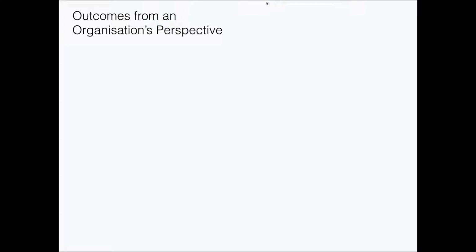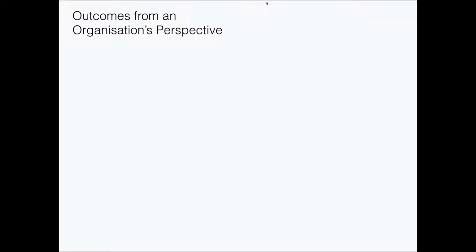Okay, so outcomes from an organization's perspective. We're looking at outcomes, but at a higher level. So we're not in terms of the person-centered planning side of things or the support worker level. We're looking at things from an organization's perspective. So lots of business speak in this webinar, lots of strategy.